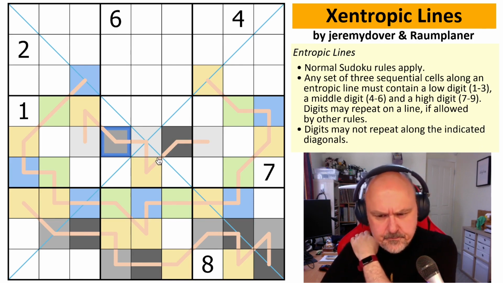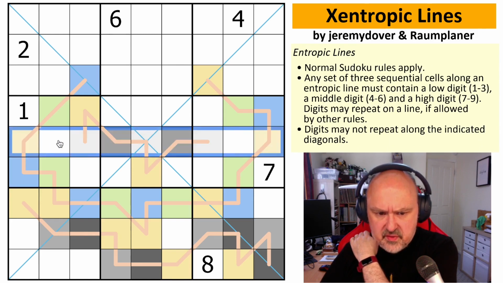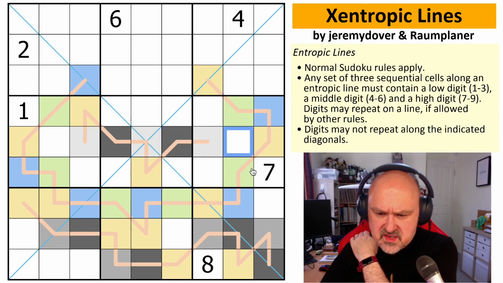Interesting. So one of these has to be yellow, because these are not yellow, and I need to put another yellow in this row. So either that is yellow or that is yellow, but I don't see what to do with that. It's this row.